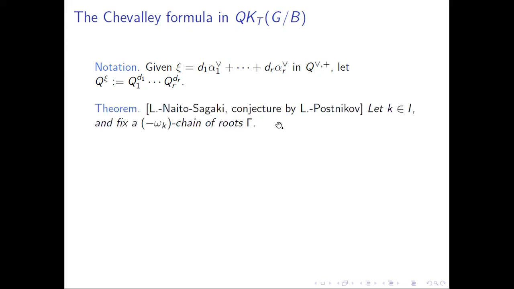So now the Chevalley formula in quantum K-theory, I said it was conjectured a long time ago by myself and Postnikov, and now we proved it with Naito and Sagaki. It says that you can formulate it for the negative omega k fundamental weight. So you fix a k, a simple root or a simple weight or a fundamental weight.